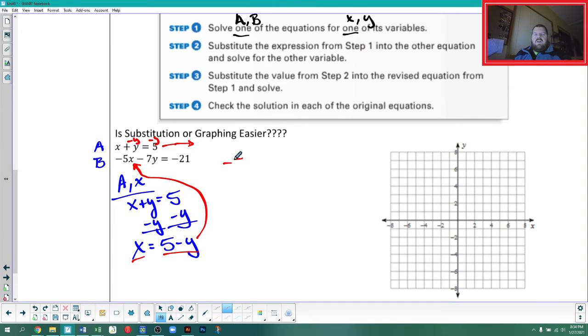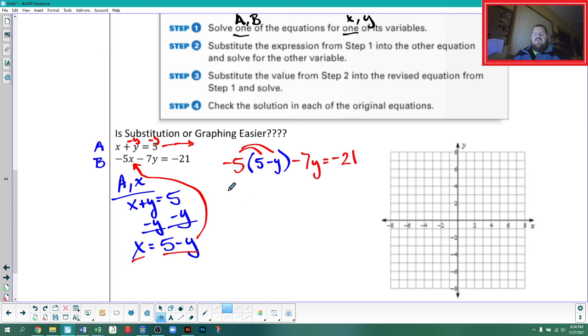I have negative 5 times 5 minus Y minus 7Y equals negative 21. A lot of negatives in this problem, but that's okay. Negative 5, so I do have to distribute since I have a number outside of parentheses.